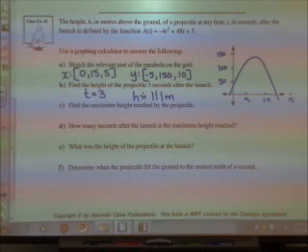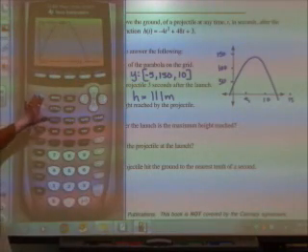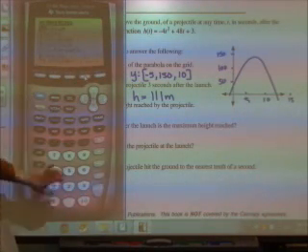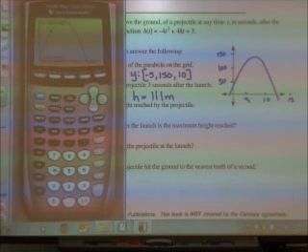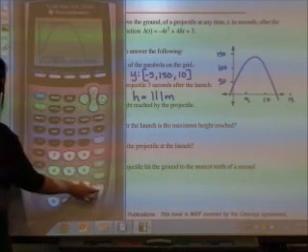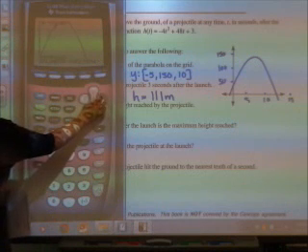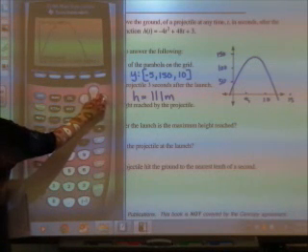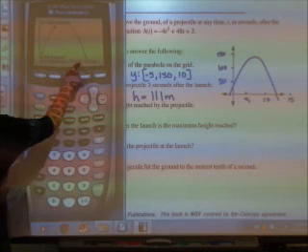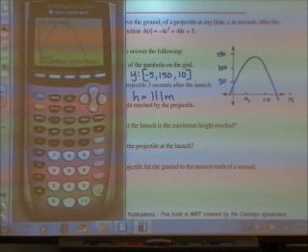Question C says find the maximum height reached by the projectile. So that's where I use that maximum feature. So it's second, calc, choice number 4, which is maximum, and then it says left bound, right bound. So left bound means being on the left side of that maximum. And if I watch my y coordinates, I see that they're increasing. And then when I see that they're starting to decrease again, I can press enter and then I can get the right side.